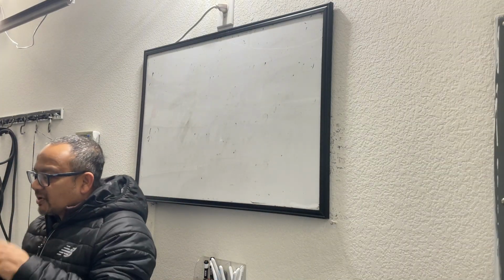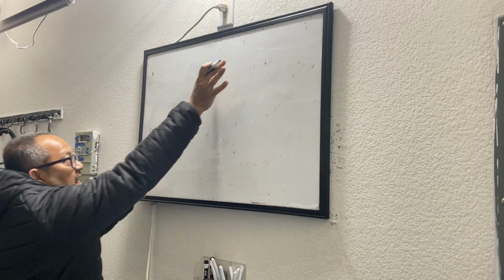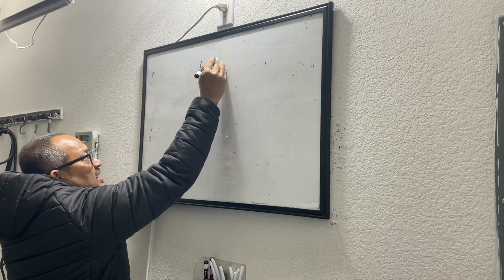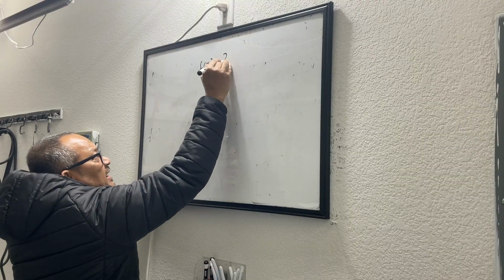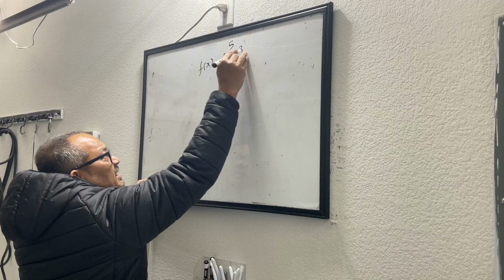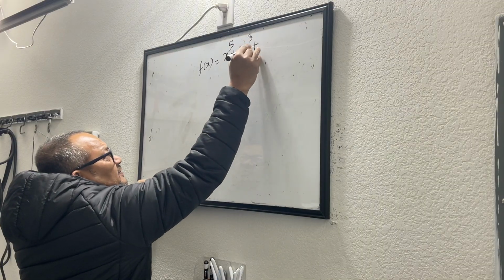Let's cook up a problem. I have a polynomial f of x equals x to the power 5 plus 3x cube plus 15.